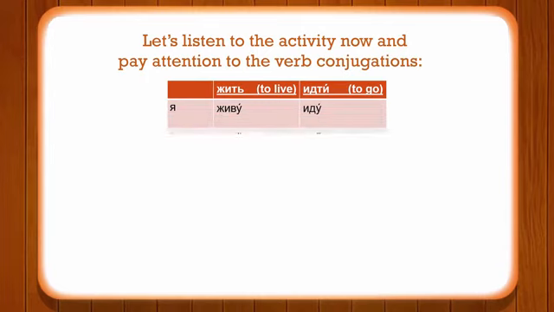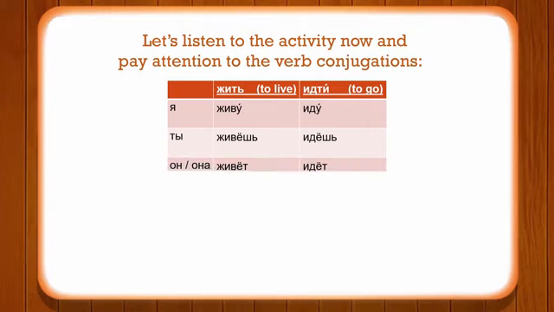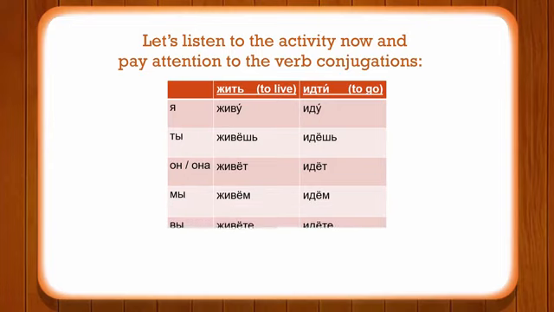Now let's pay attention to their conjugation and then we will see what is the difference. However, the very basic difference is that жить we often use with the prepositional case, жить где, live where, and идти means to go, where to, куда. So this is the basic relation between these two different verbs. However, we will see how they are conjugated.